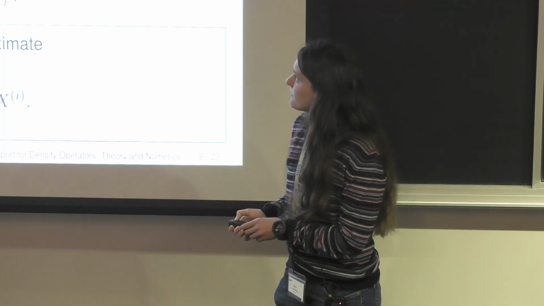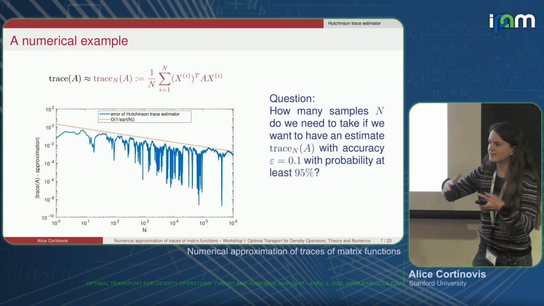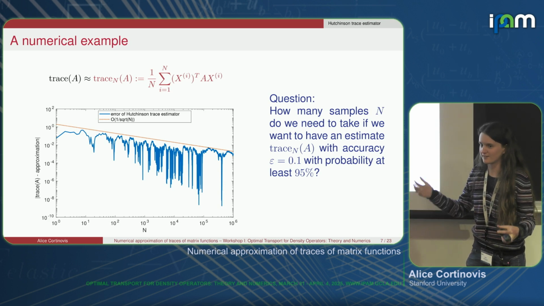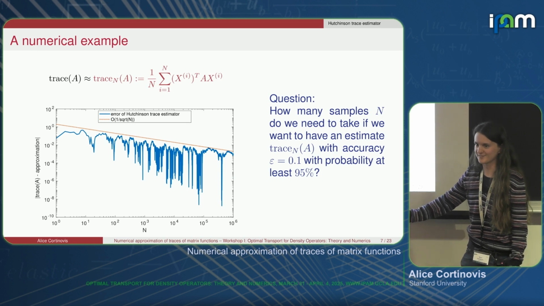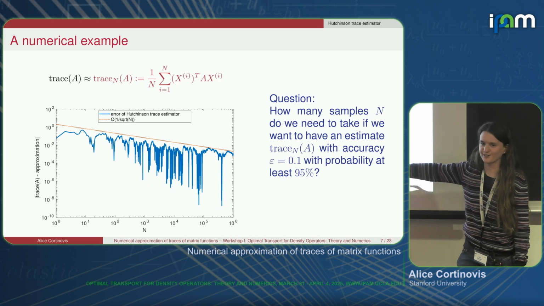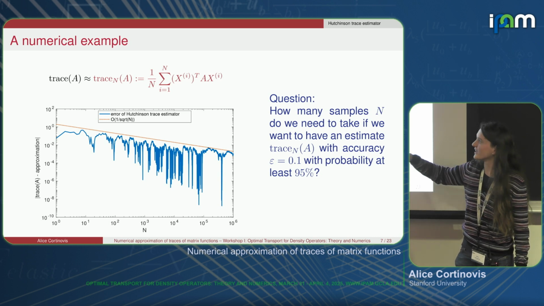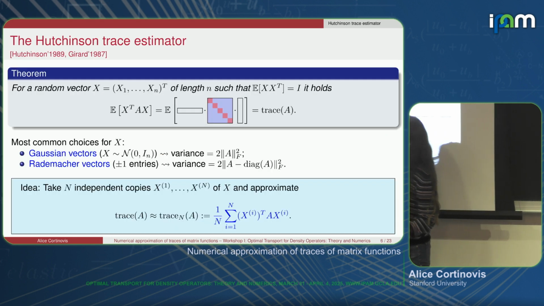First of all, if you need a number of samples which is larger than the size of the matrix, then you should not use this algorithm. It doesn't make any sense, right? Because you could just take the diagonal. So this is really just for illustration purposes. But the thing that really matters for the variance is not the size of A, but the Frobenius norm.